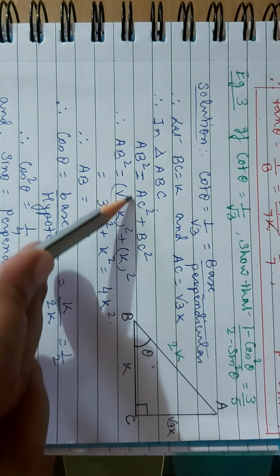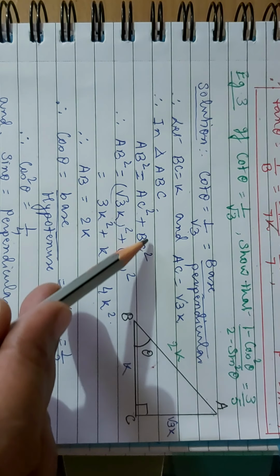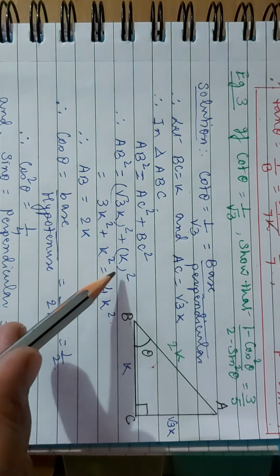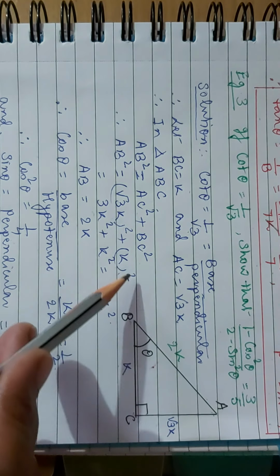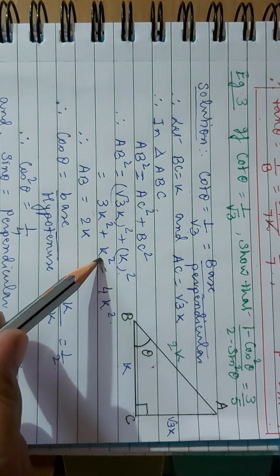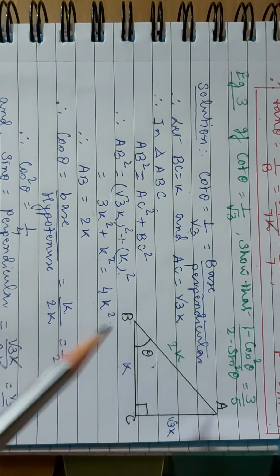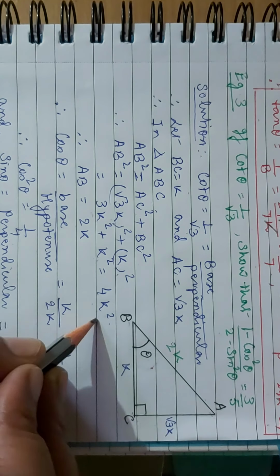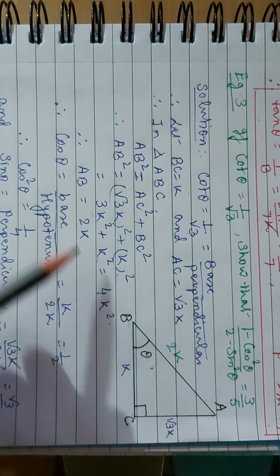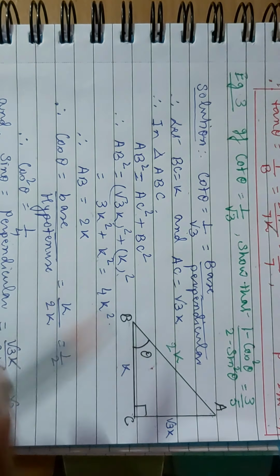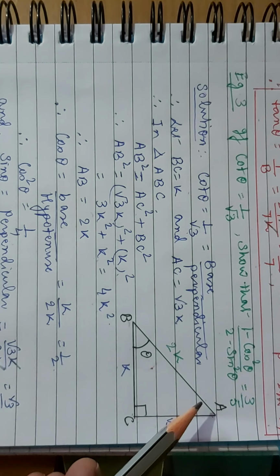Since the value of AC is root 3k, AC square is root 3k whole square, which is 3k square. BC is k, so BC square is k square. 3k square plus k square is 4k square. Therefore, taking the square root, AB is equal to 2k. So the length of AB, the hypotenuse, is 2k.